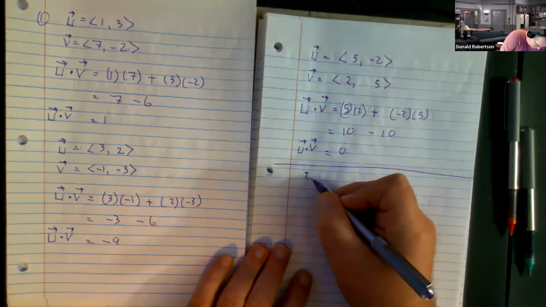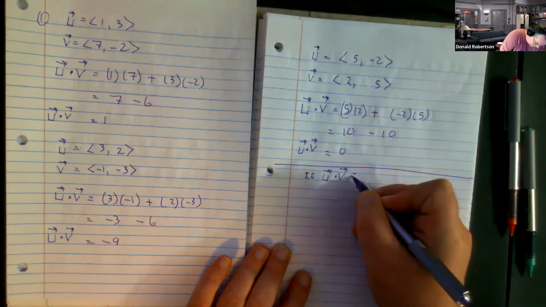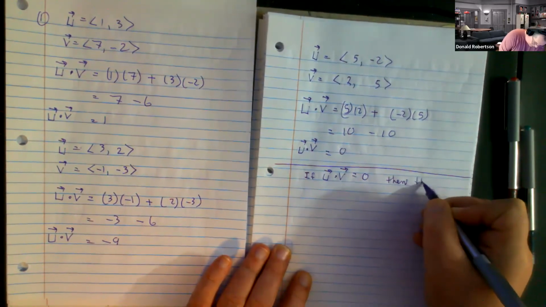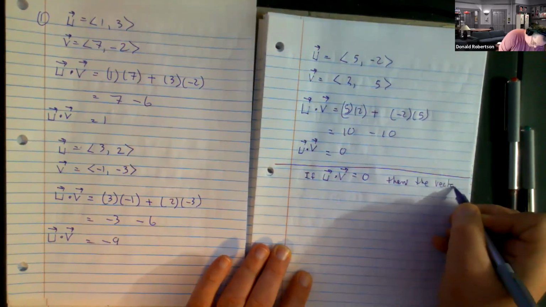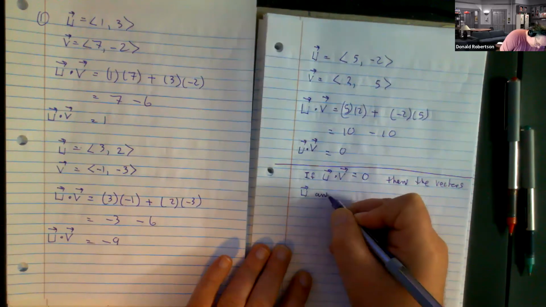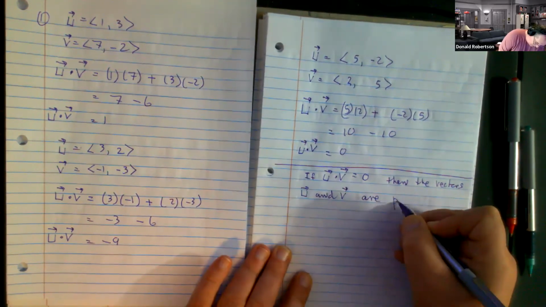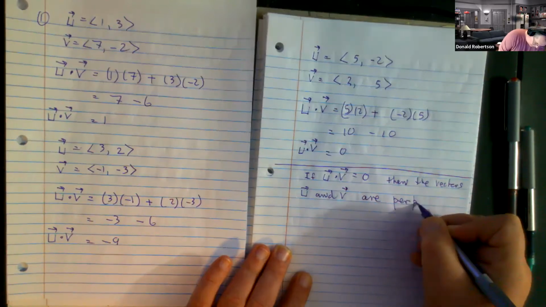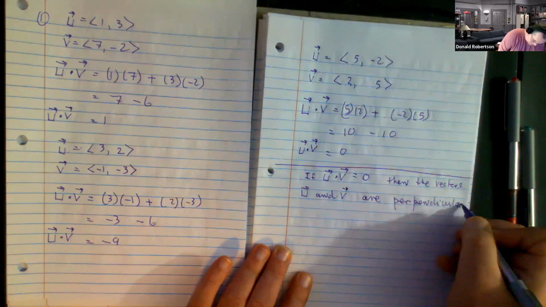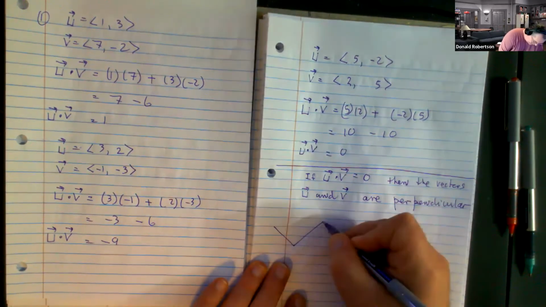And it's for this reason. If the dot product is equal to 0, then the vectors U and V are perpendicular. What does perpendicular look like?